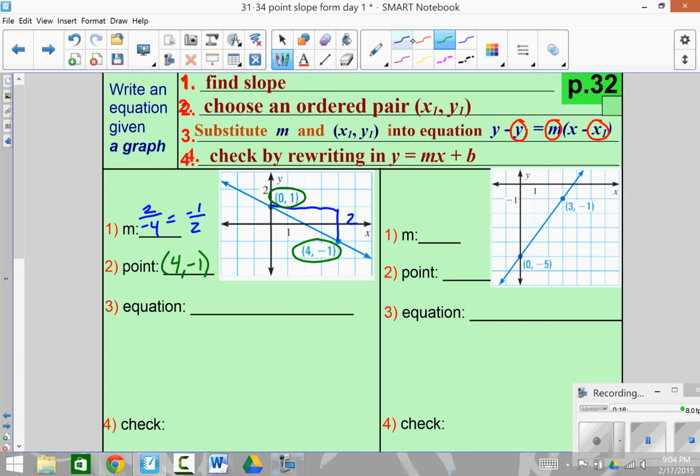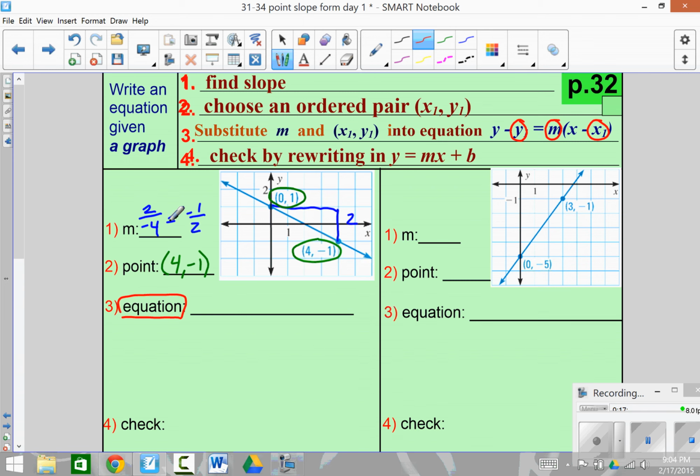Third, let's substitute my m and my ordered pair into y minus y1 equals m parentheses x minus x1. This equation is going to fit this information. If you chose the other ordered pair, 0, 1, you're going to get a different equation. Totally fine. There are 2 separate answers you could get.